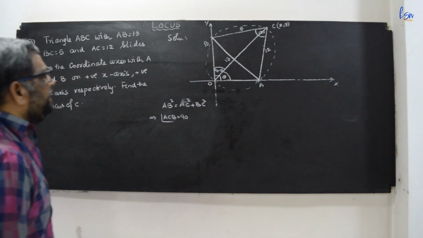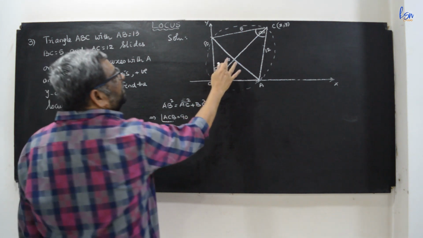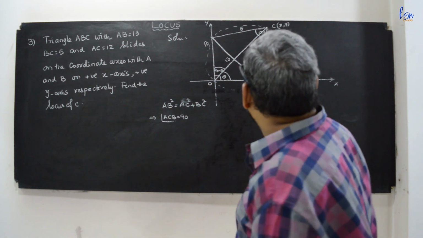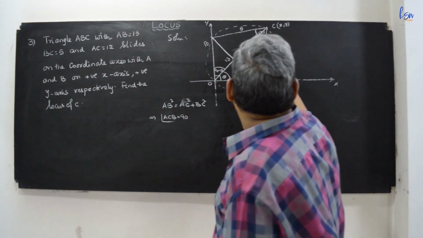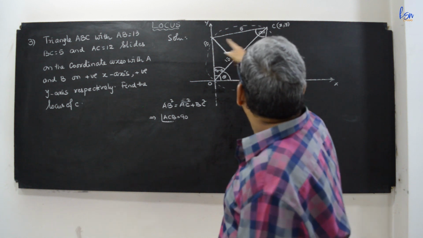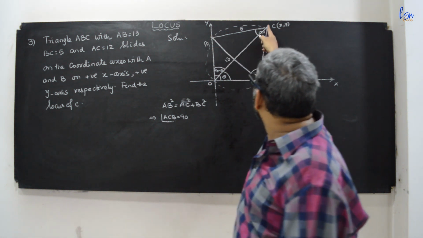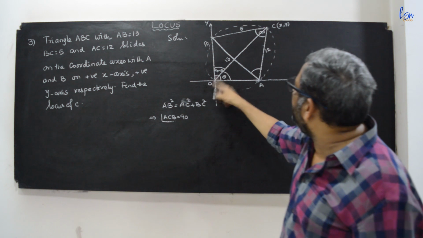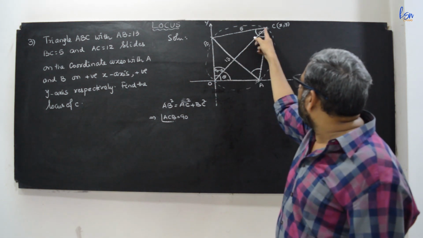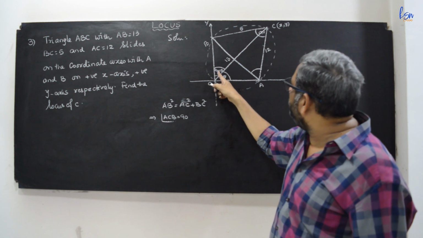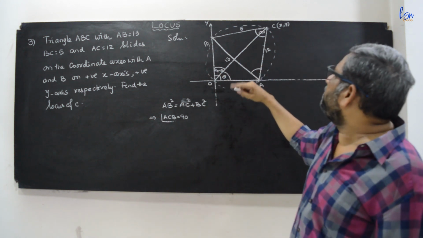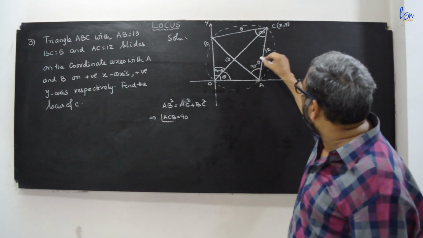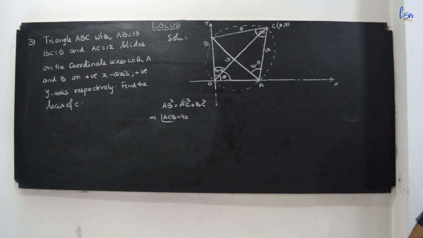Now, you take this chord, BC. BC is subtending 90 minus theta at O. That is, this particular chord is subtending 90 minus theta at O. The angles in the same segment being same, BC will subtend the same angle 90 minus theta at A.